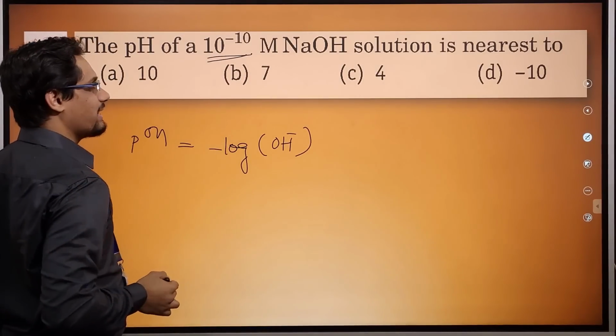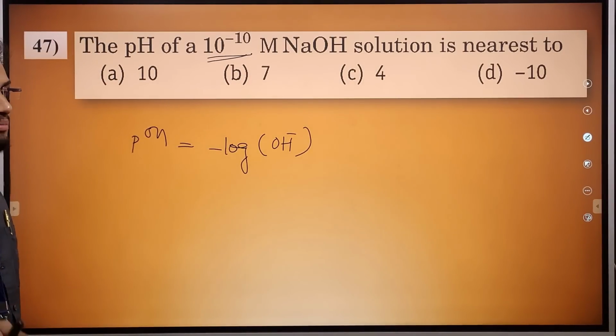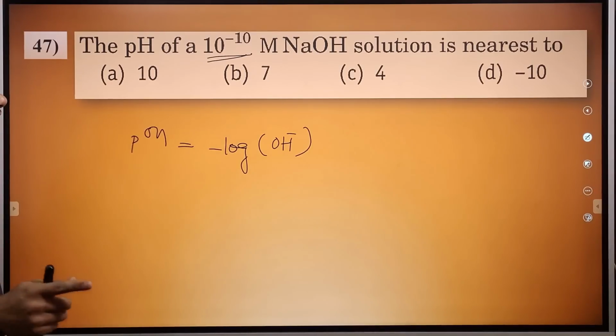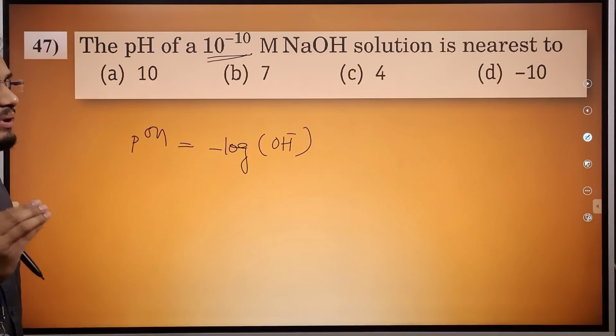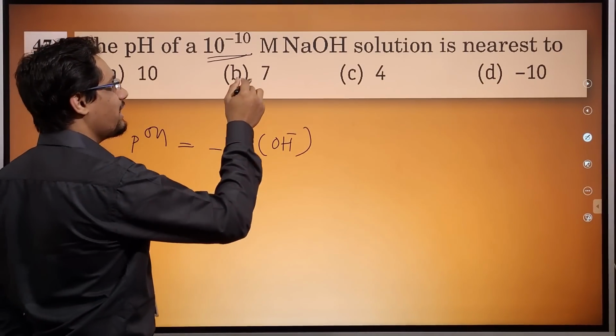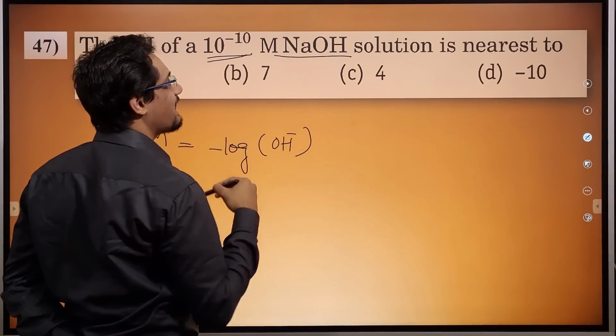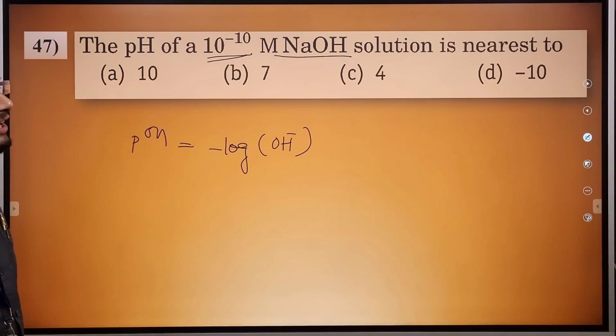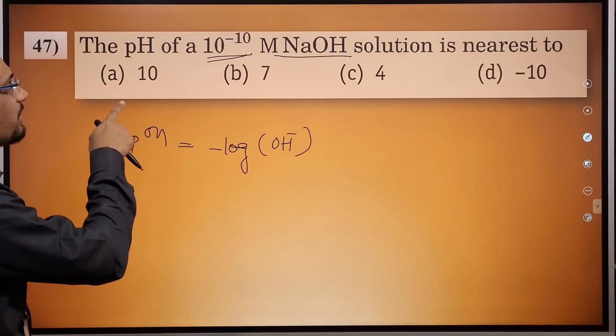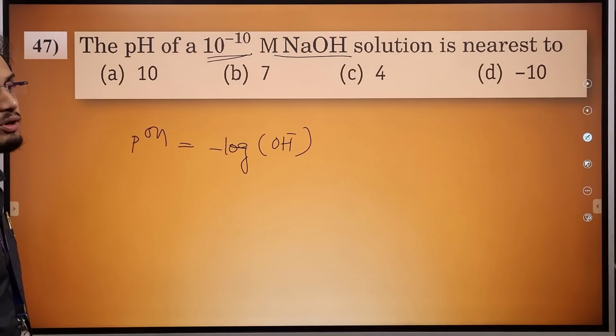So with 10 to the power minus 10, pOH must be 10, and then pH would be 4. That is the mistake we usually make. But pH 4 would mean an acidic solution, so the pH must not be 4.